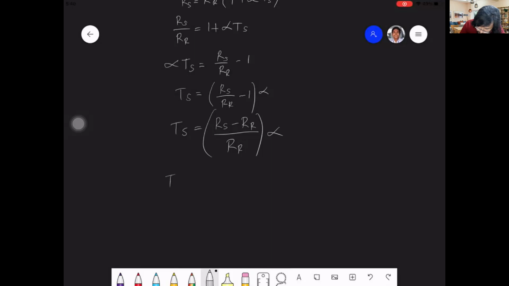And we can simply plug in the values. R sub S is 123. Okay, we further simplify this to delta T sub S equals R S minus R sub R over R sub R times alpha. Okay, so this is 123.5 ohms. Sorry, it's ohms.